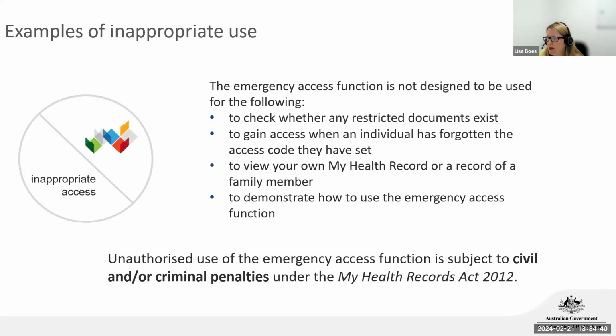It's not designed to be used to gain access when an individual has forgotten their access code, except where there's a serious threat to the person's life, health or safety. And it's not to be used to view your own My Health Record or a record of a family member. It's important to note that unlawful use of the emergency access function is subject to civil and or criminal penalties under the My Health Records Act 2012, and we discussed those penalties earlier.